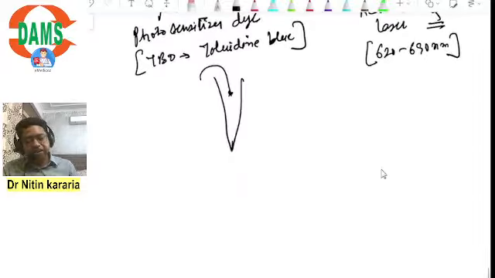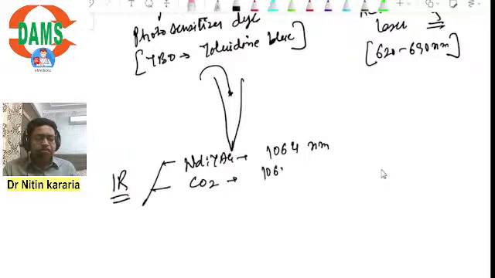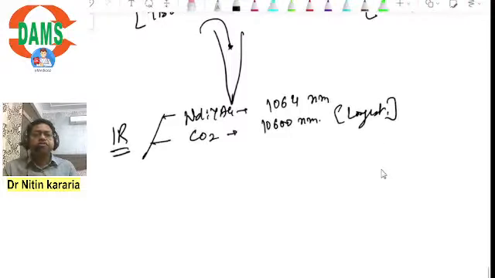Finally we have infrared lasers. Infrared lasers means wavelength more than 700 nanometers. The common examples are the Nd:YAG laser, wavelength of 1064 nanometers, and the carbon dioxide laser, 10,600 nanometers, which is the longest wavelength of the lasers.